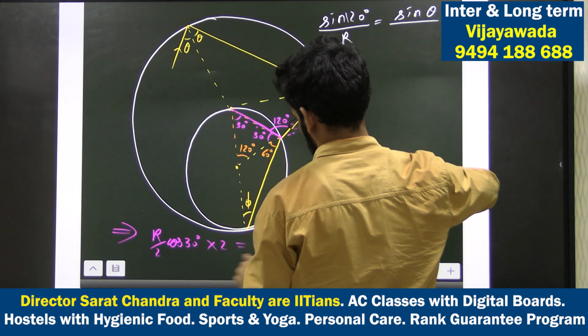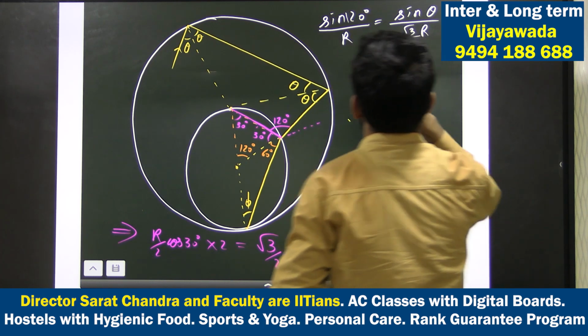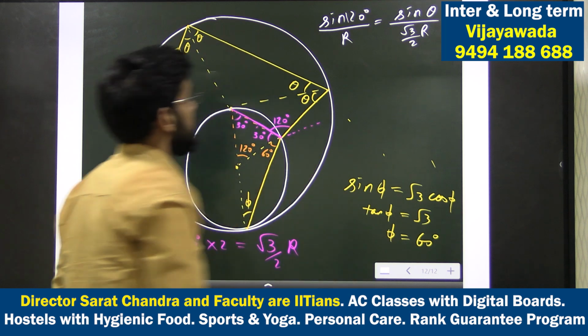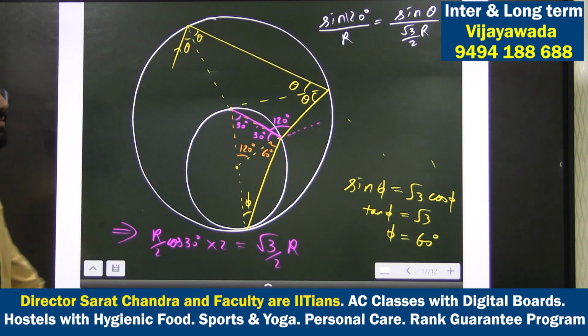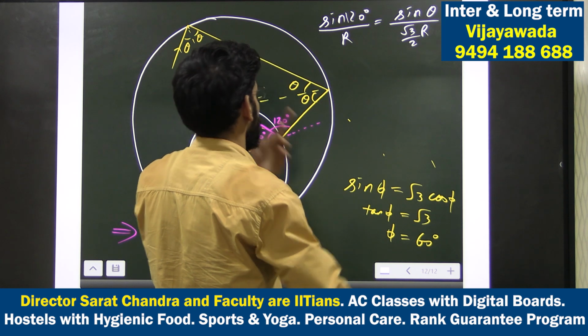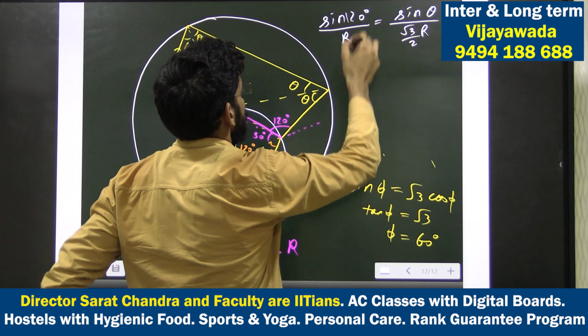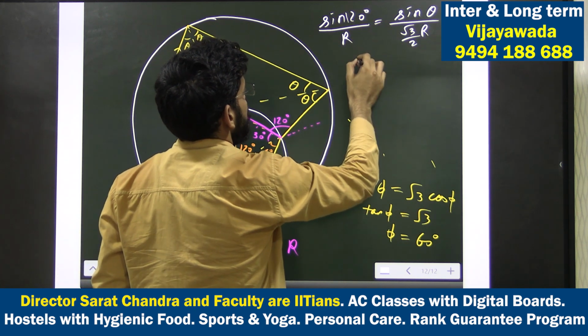This is root 3 by 2 into R. So from here sine 120 is actually nothing but sine 180 minus 60, right? So this is root 3 by 2 only, so root 3 by 2, root 3 by 2.